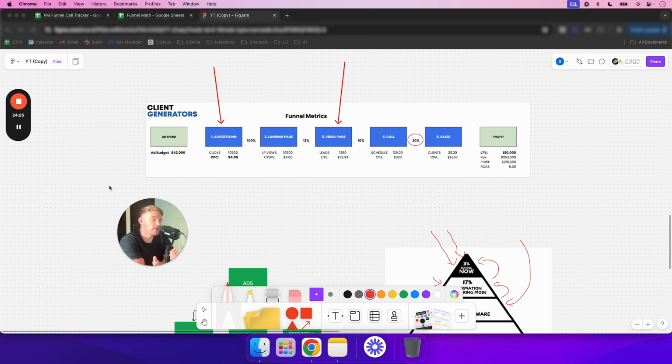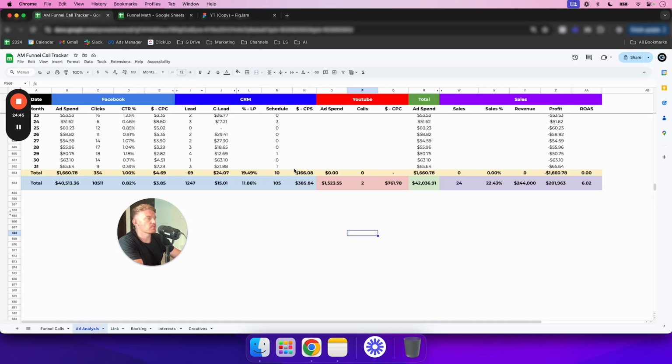And his close rate on those calls was definitely lower, but the calls come in cheaper. And this isn't the best cost per call in the world. So again, I'm not trying to make this out to be some form of fairy dust funnel where you just drop $1 in and you make $1 million back. But if you look at the cost per call, on average, it was $385.